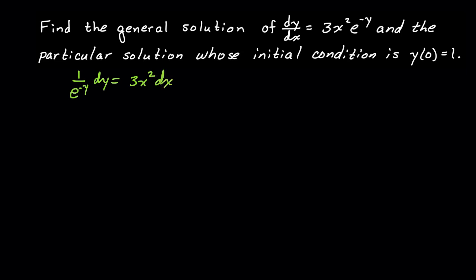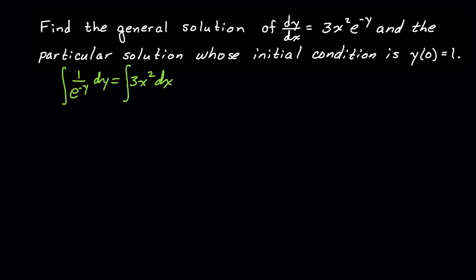So one of the mantras you want to try to remember here is you are going to separate and then integrate. All right, so we are going to be integrating the left side of our equation and the right side of our equation because just like with regular equations, it stays a balanced equation as long as whatever you do to the left side, you do the same thing to the right side as well.